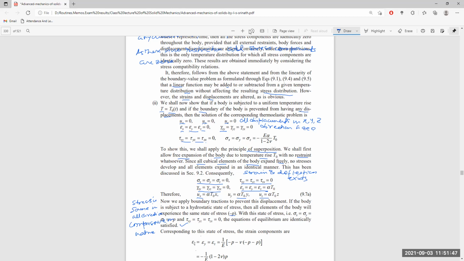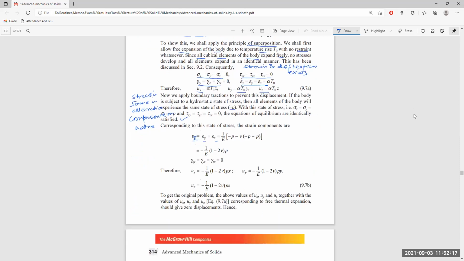So according to the state of stress, the strain components in x, y, and z are, for epsilon x, equal to 1 by E times minus P minus psi times minus P, where the z and y directions are both equal to minus P. Thus the equation reduces to minus 1 by E into 1 minus 2 psi into P. The shear or torsional strains are equal to 0.